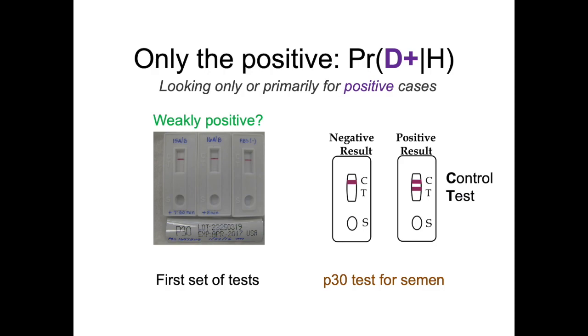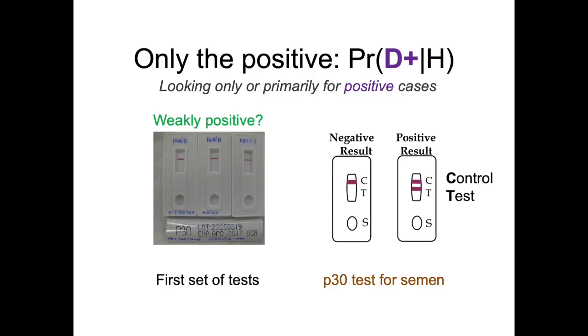Another variant of confirmation bias looks primarily at positive cases. Here, the likelihood function is placing an undue emphasis on positive data, indicated with the D+ probability of the data given a hypothesis. The example from the case is a P30 test for semen. On the right, we see how this test is read.